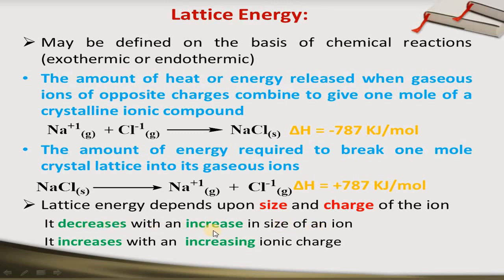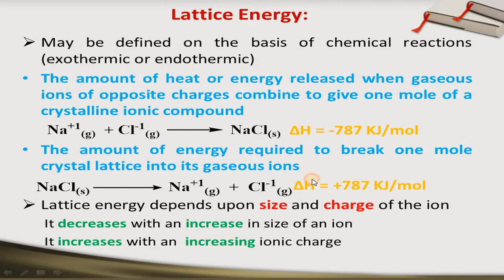If size of an ion decreases, then lattice energy increases. While it increases with increasing ionic charge, it is directly proportional to the charge of the ion. When charge increases, lattice energy increases. When charge decreases, lattice energy decreases.